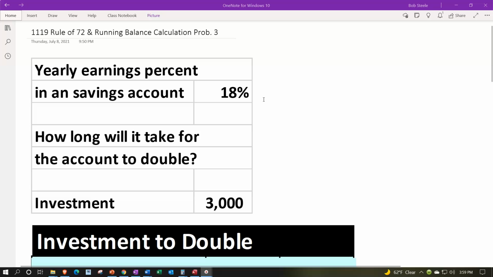We're going to then be asking the question of how long will it take for the account to double? So if we're looking at the 18%, how long will it take for an investment to double in value? Using the rule of 72, we can approximate that answer without even having an investment amount. That's what we'll start off doing.